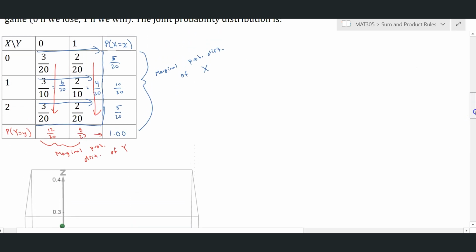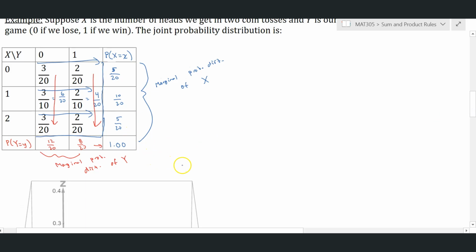And also, by the way, what we have in this table is a probability mass function, or PMF.